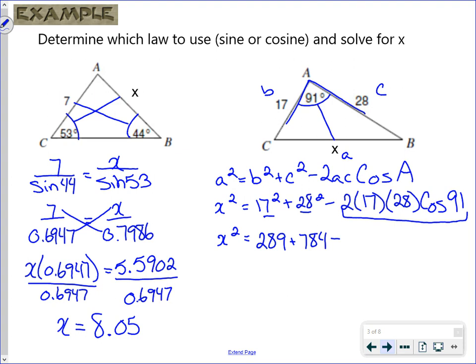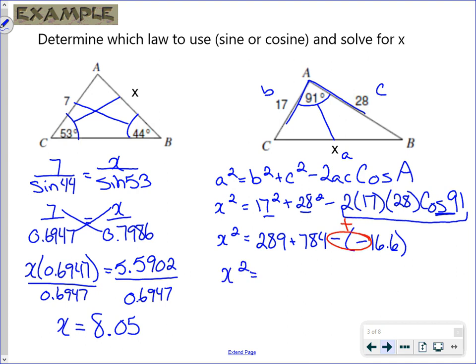Cosine of 91 is actually a negative value because it's larger than 90 degrees. So when we calculate this, we actually get negative 16.6. This is the first time that we've seen this value equal a negative. So now when we have minus a negative, those two are going to turn into a positive. So we're actually going to add all three numbers together in this example.